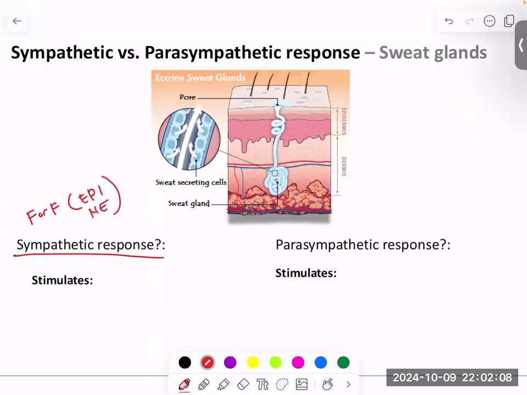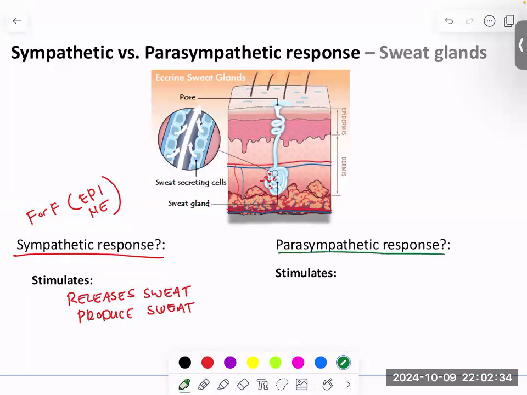So when you put epinephrine on the sweat gland, what is it going to tell the sweat gland to do? Release the kraken. Produce sweat. That's going to support your exercise.